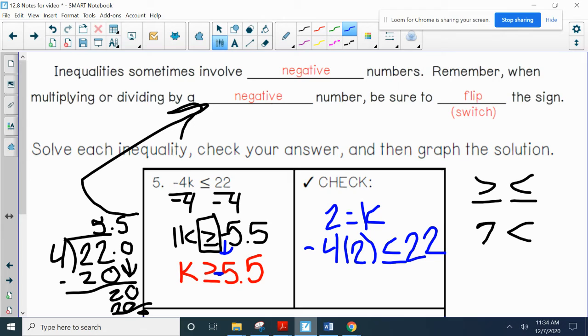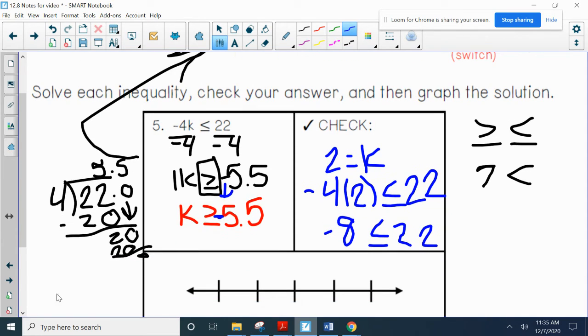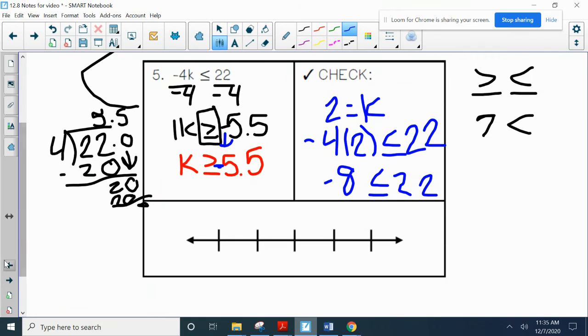All right, so 4 times 2 is going to give me 8. A positive and a negative is going to give me a negative. And less than or equal to 22. Is negative 8 less than or equal to 22? It is. So we're going to go ahead and graph that.